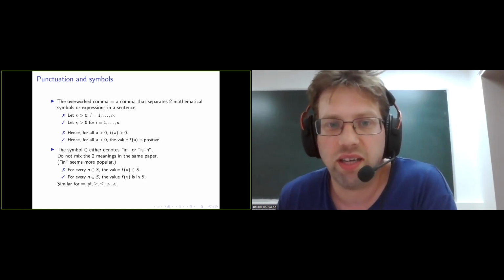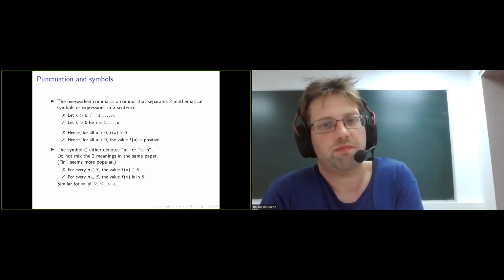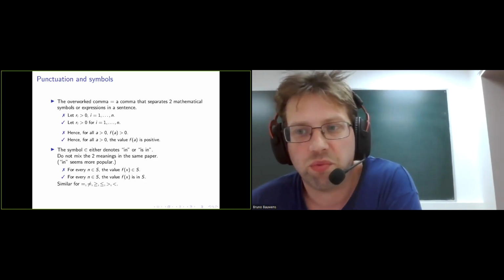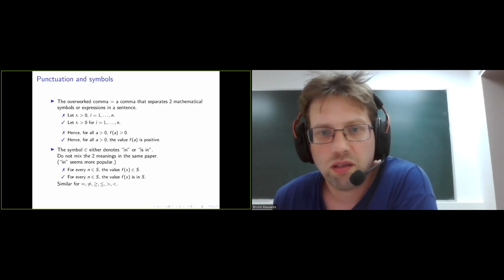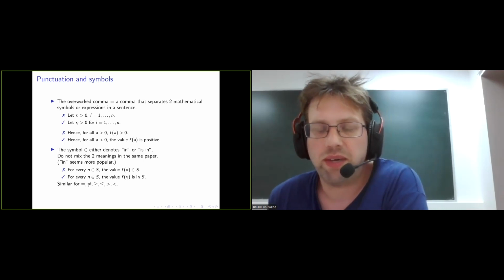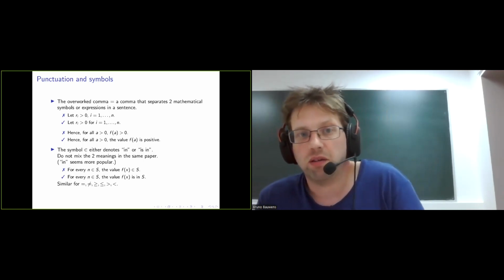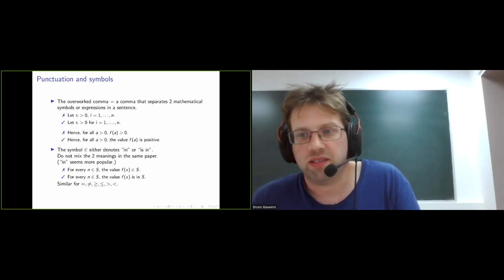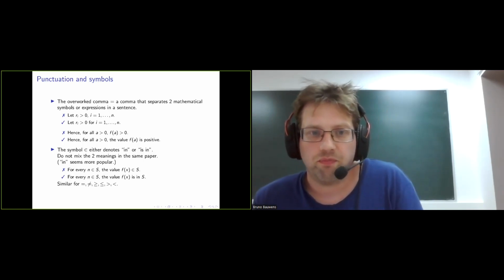"Hence, for all a bigger than 0, f a is bigger than 0." There I should write it in more words. When the reader sees two mathematical objects separated by a comma, he thinks about a pair of objects. And that makes things confusing.